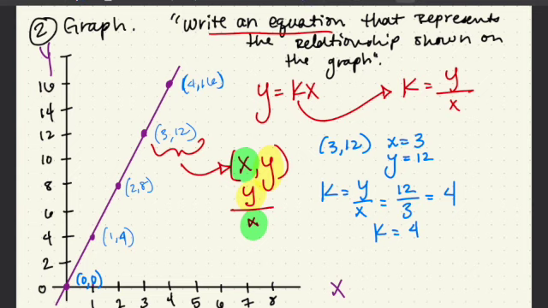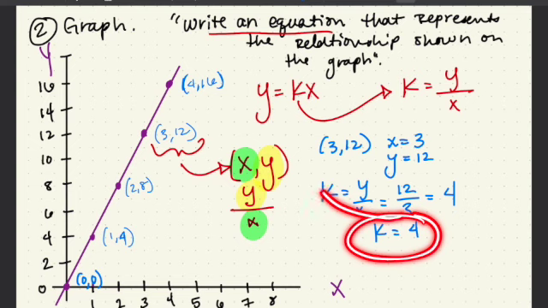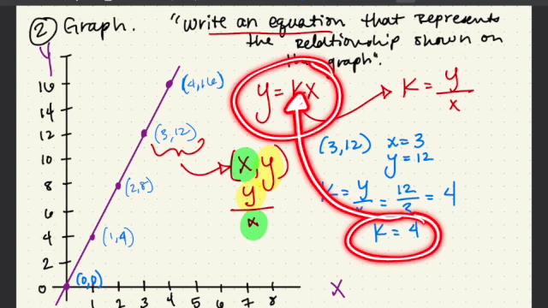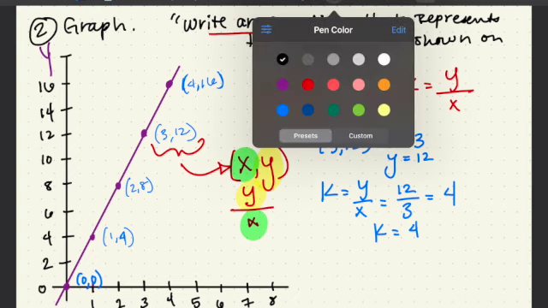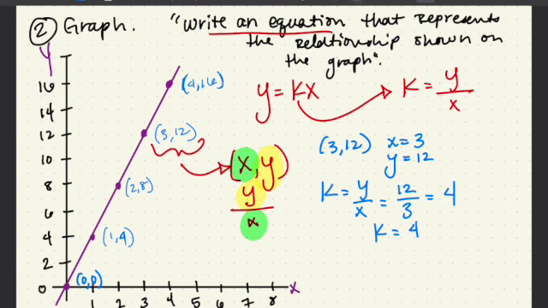Now all we have to do is take this k value and replace it in this equation. We put it back in this y equals kx equation. And when we put it back into y equals kx, it turns into y equals 4x.